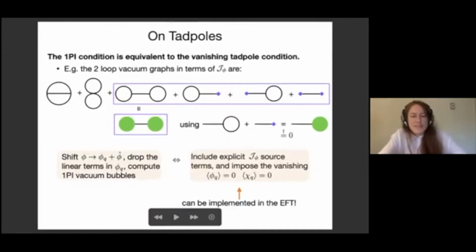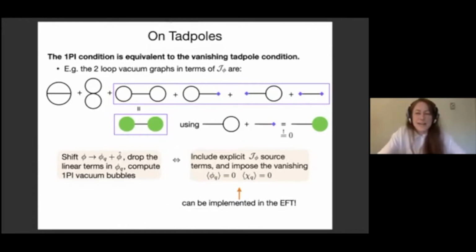So maybe this seems like a lot of song and dance for a technicality, but the important point is this vanishing tadpole condition is equivalent to the 1PI condition. And the vanishing tadpole condition is something we can actually impose in the EFT without subtlety.